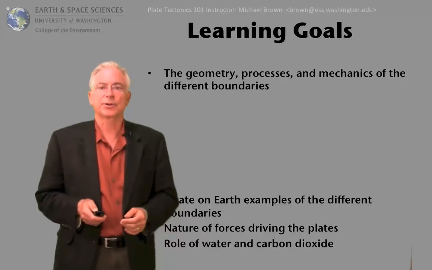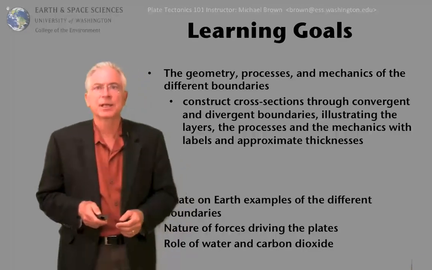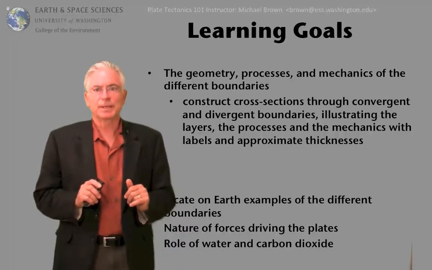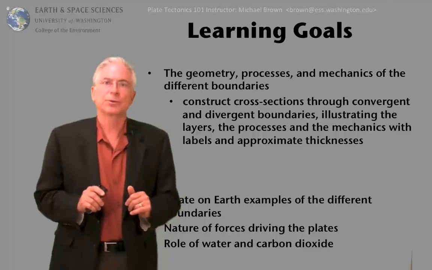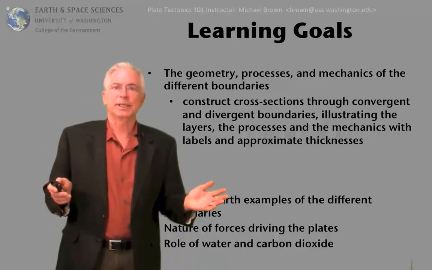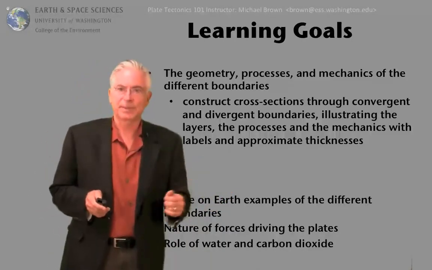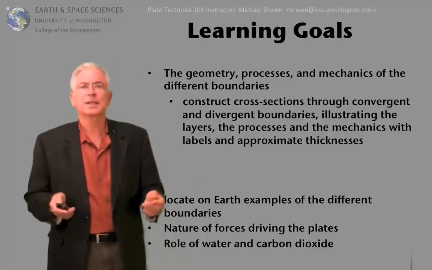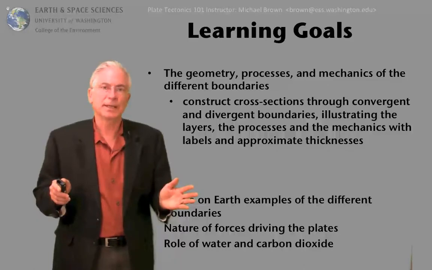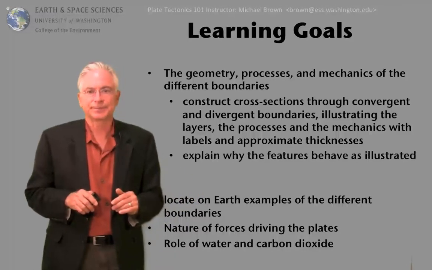plate tectonics on Earth. Now, under the geometry, processes and mechanics, a major point is that every student should be able to draw a cross-section through convergent and divergent plate boundaries, and you should be able to illustrate the layers, the compositional layers, as well as mechanical layers, the processes and the mechanical steps that occur, and you should be able to identify appropriate thicknesses of all layers.